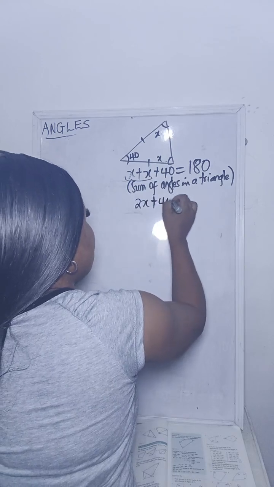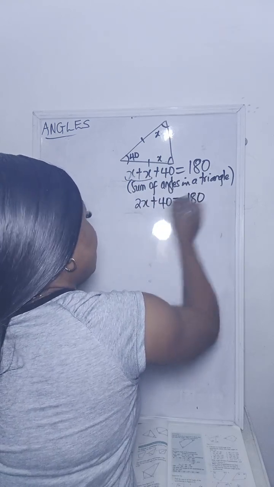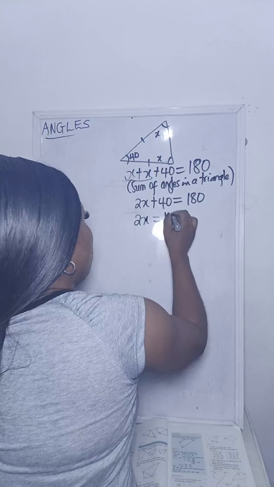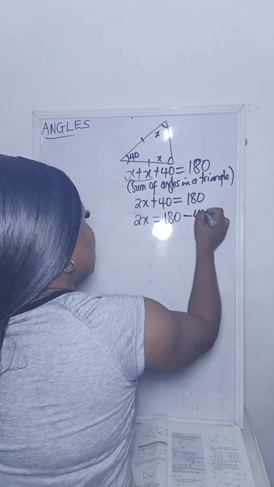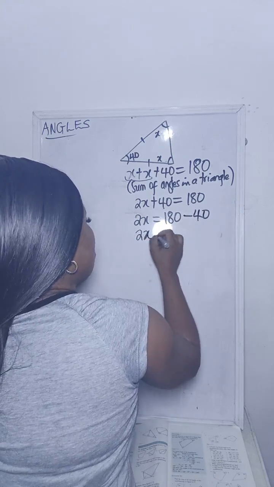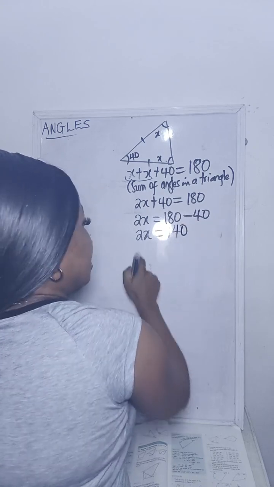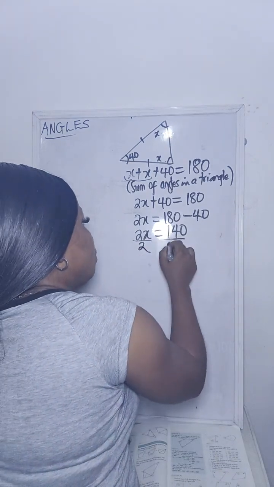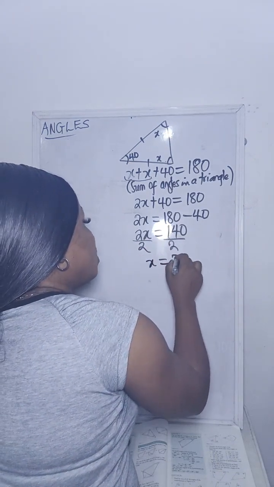So 2x plus 40 equals 180. Let's move our 40 to the other side. So 2x equals 180 minus 40. 2x equals 140. I need to find the value of x. So that means I'll divide both sides by 2 and my x equals 70.